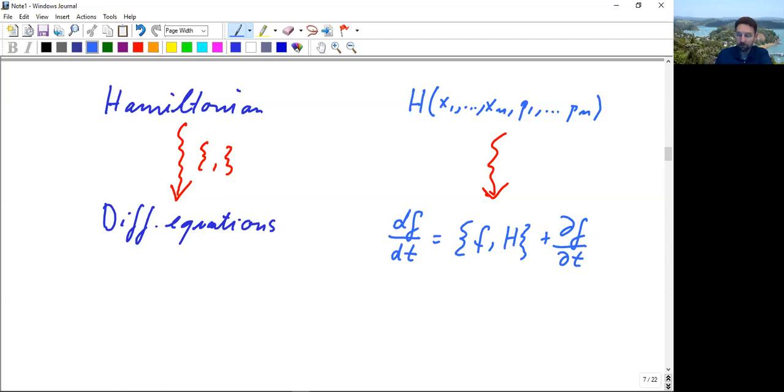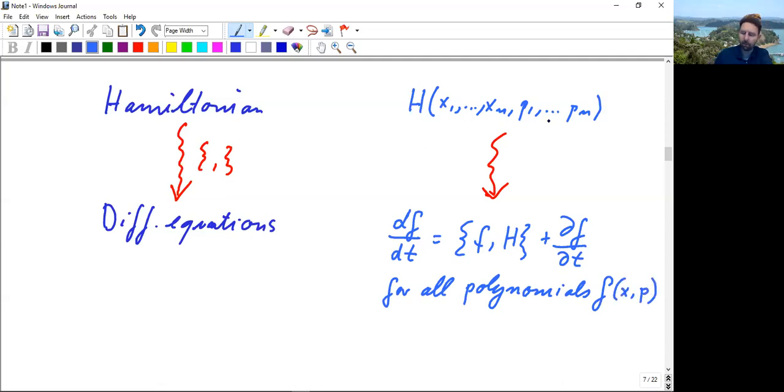But for now, let's just look already at what that solution is of Hamilton. Hamilton said this is true for all polynomials f of all of the x's and all of the p's.